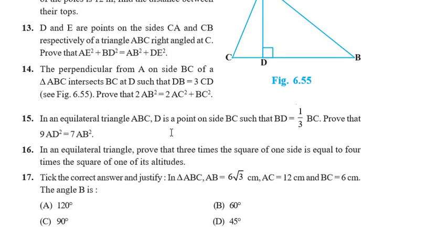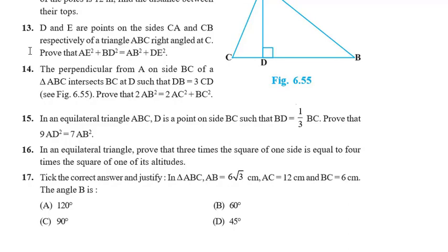Now, 13th question, D and E are points on side CA and CB respectively of triangle ABC, right angle at C. Prove that AE square plus BD square is equals to AB square plus DE square.